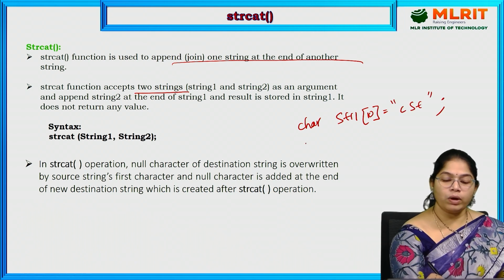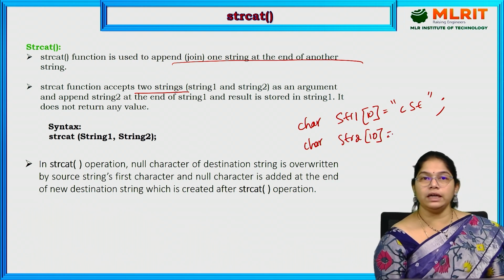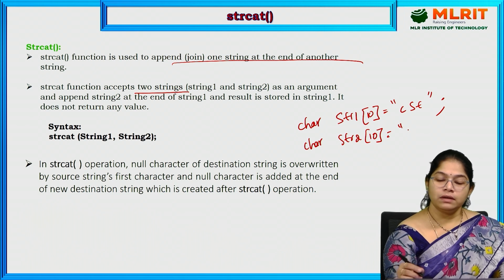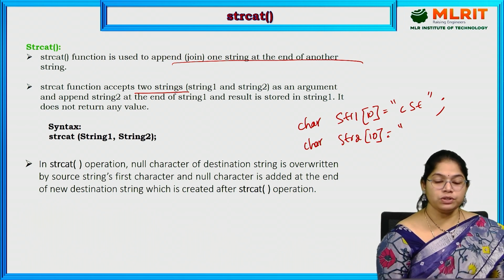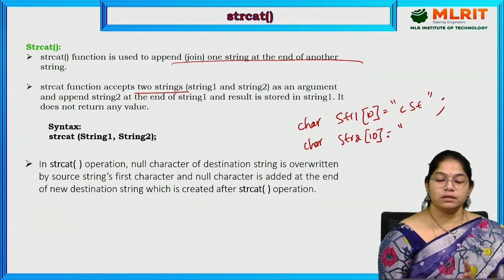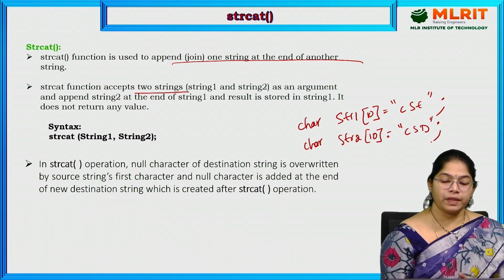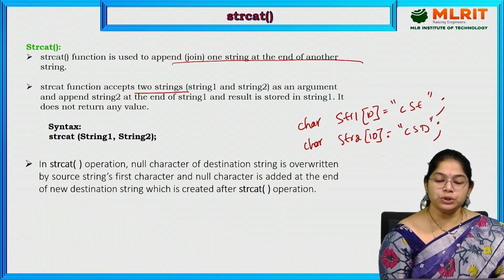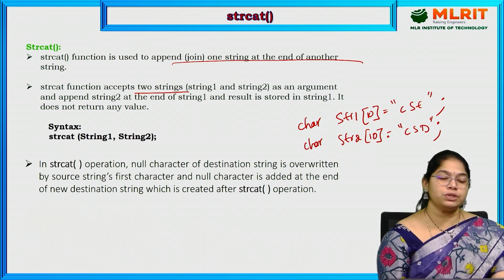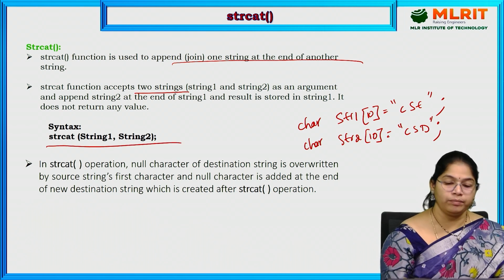I am considering one more string, str2, which is of type character. The size of the string is 10. Here I am taking CSD as the string value. Now I want to join these 2 strings. To join these 2 strings, we have a string handling function called strcat.